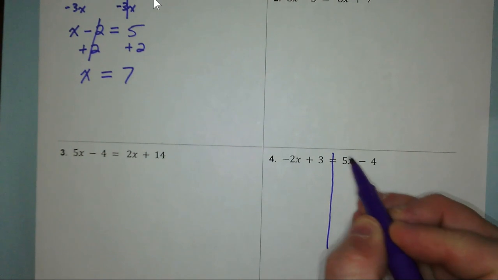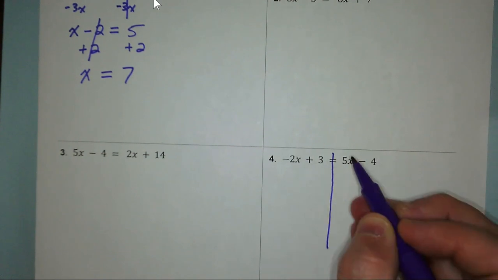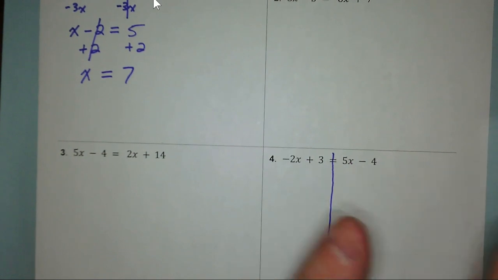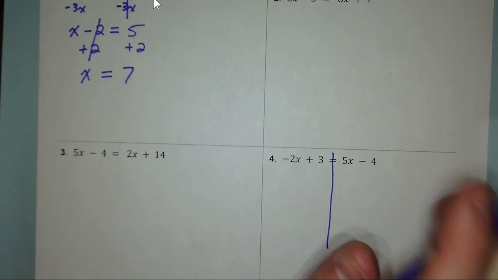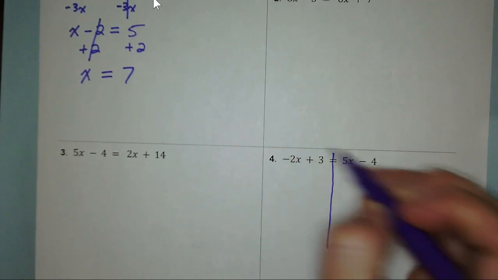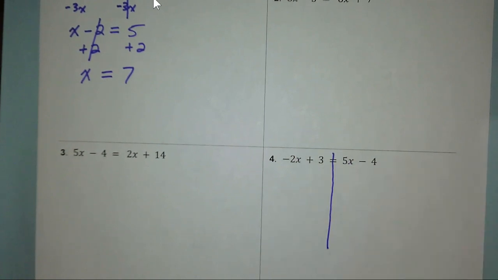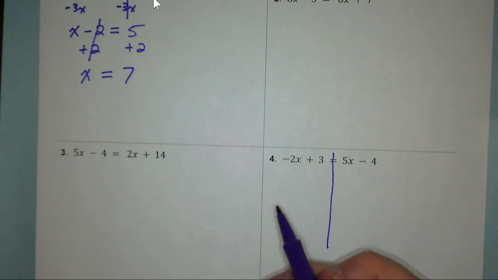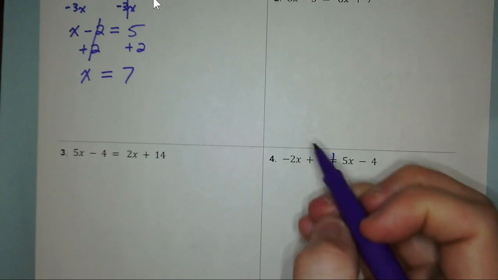When these x's are not on the same side, don't combine them. If they're not on the same side yet, the first thing we have to do is get them on the same side. So here's my choices.